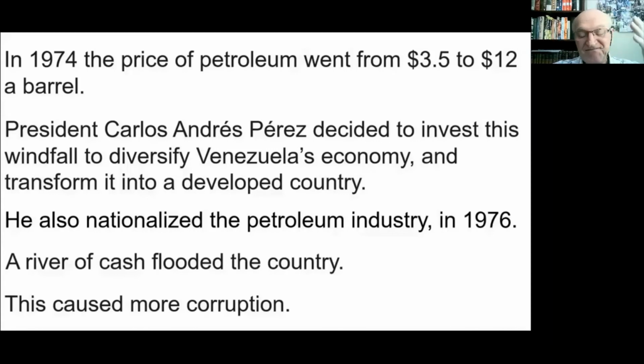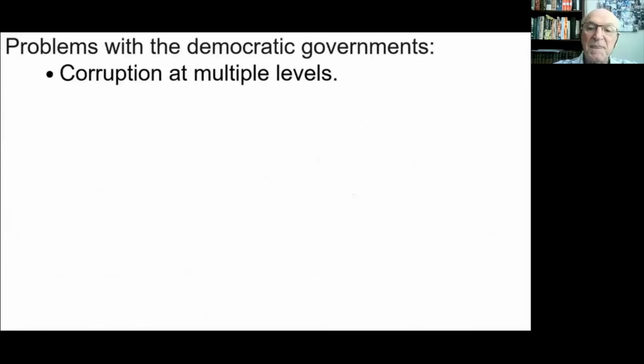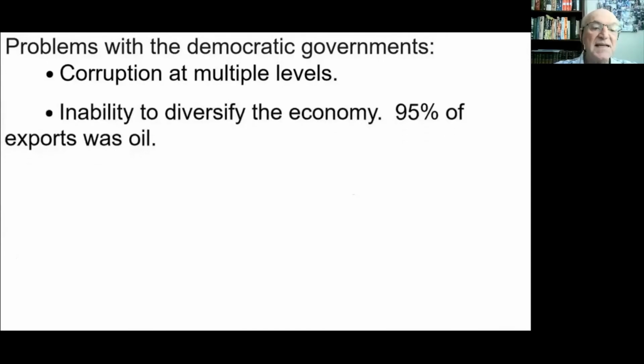And there were many, many more examples like that, and I know a number of them. So the problems with the Venezuelan democratic governments was corruption at multiple levels, extensive. Another problem was the inability to diversify the economy. 95% of the export was oil.